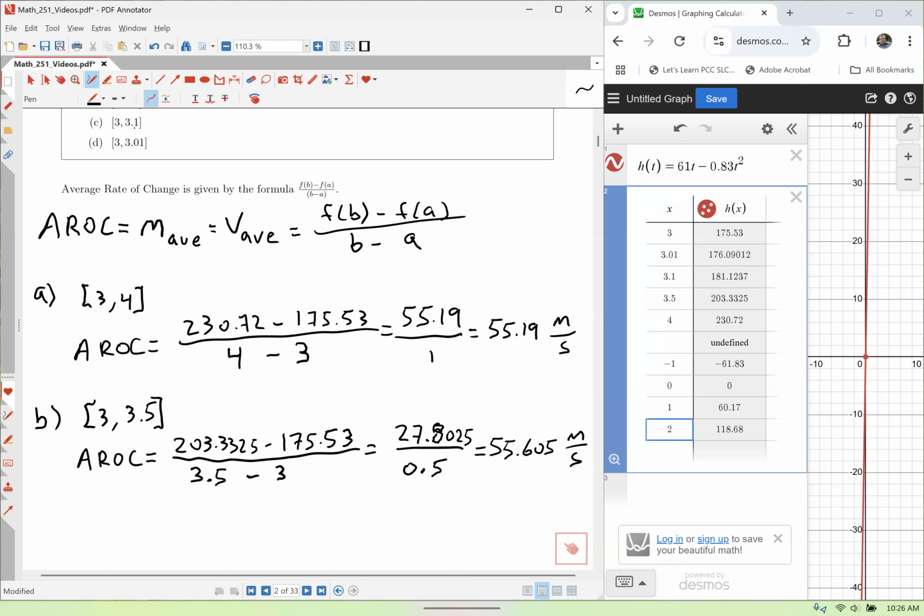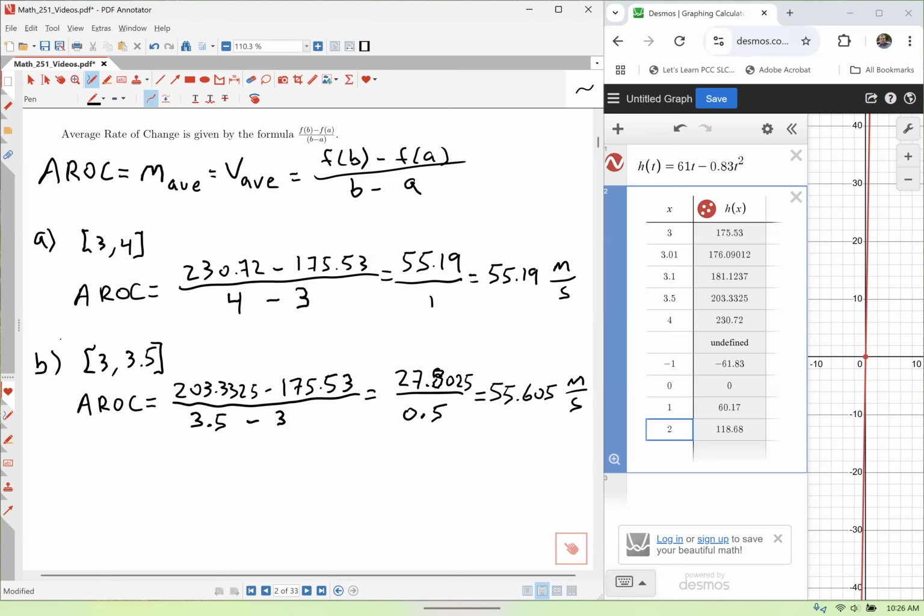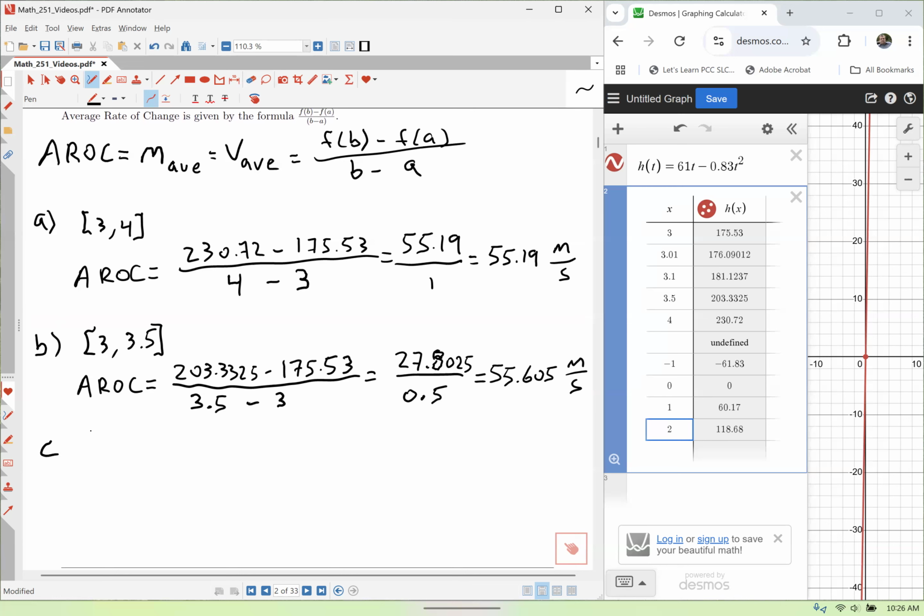Part C says find it from 3 to 3.1. So let's do that. My average rate of change, my average velocity. I'm looking at the change in my x values on the bottom, 3.1 and 3. Change in my y values, 181.1237, using that table. Thank you, table. And that y value of 175.53 for 3.